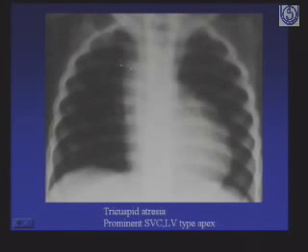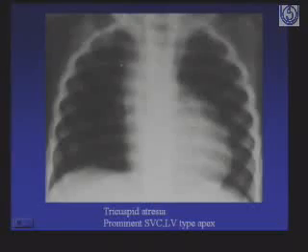Right-sided AV valve is closed, it is atretic, so blood has to flow from the RA to LA. So RA pressure has to be higher than the LA pressure. So RA will be prominent plus SVC will be prominent because of that. So we get prominent SVC, LV type of apex and the decreased pulmonary blood flow.